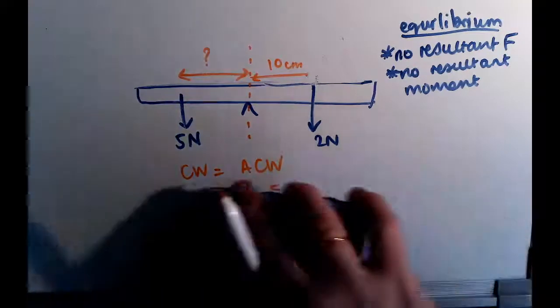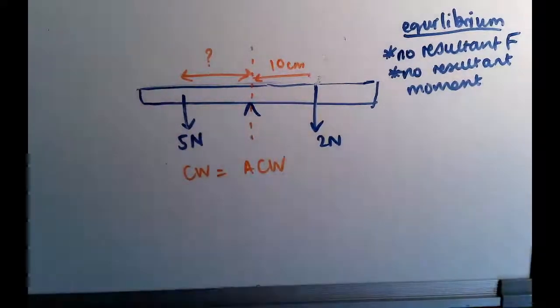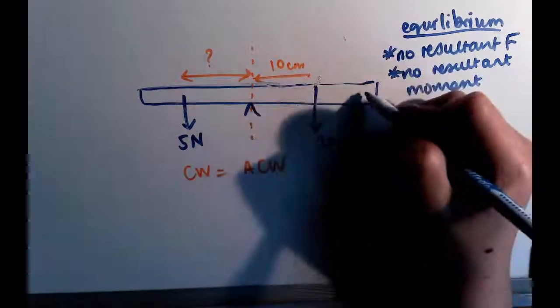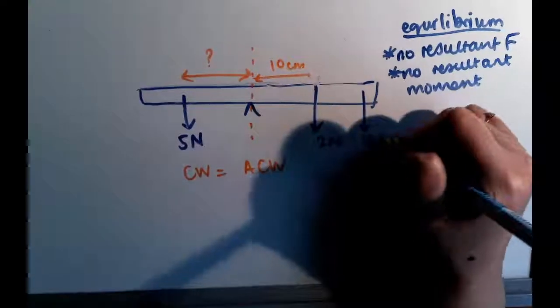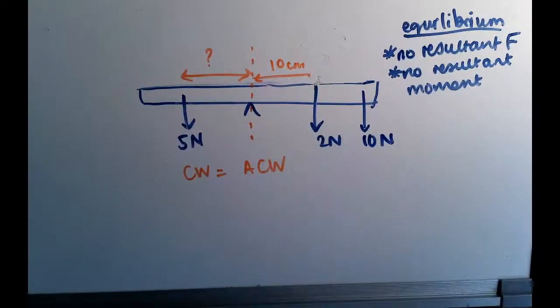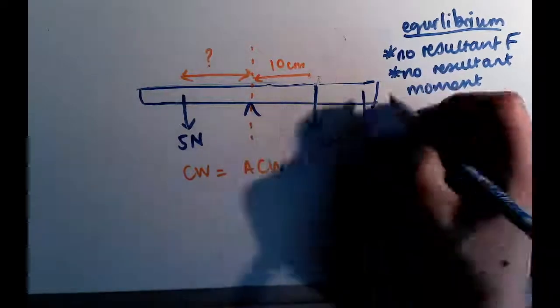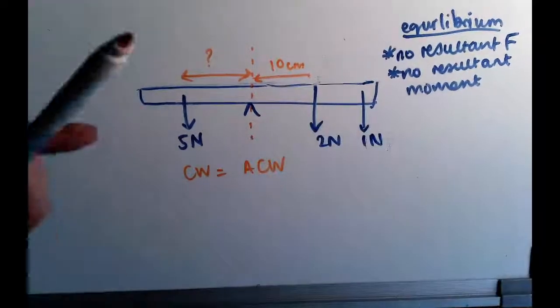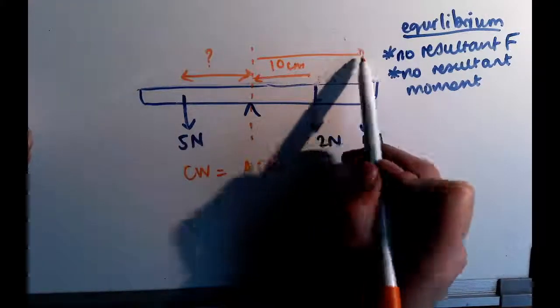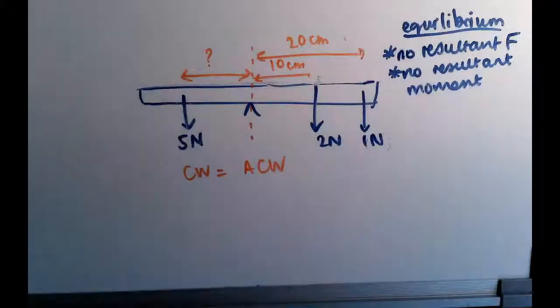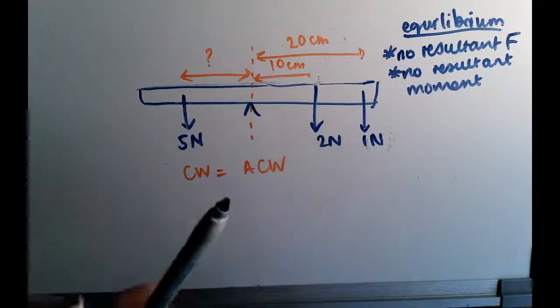Okay, it could be more complicated because they could actually add more than 2 forces. So there could also be a 10 newton force acting, let's make this a 1 newton force to make life a bit more simple actually. We'll call it a 1 newton force, and that is acting at 20 centimetres from the pivot. Okay, so now we actually have 2 clockwise moments.